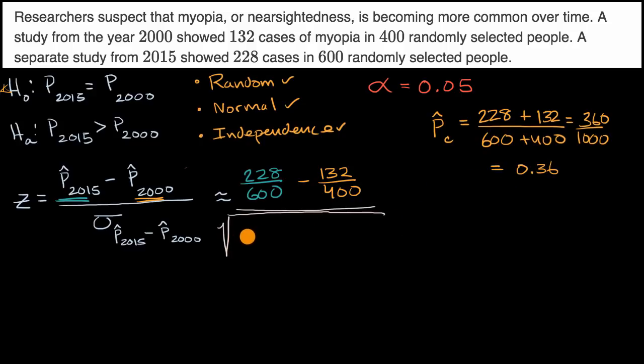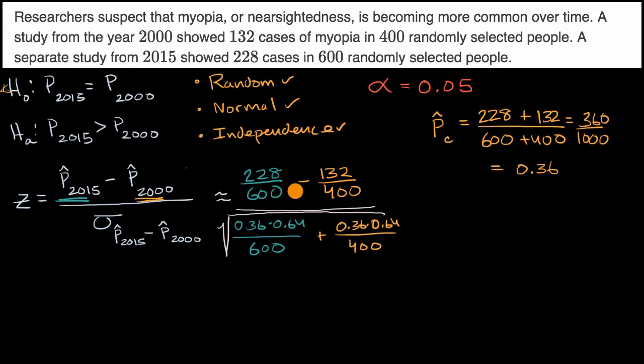And we can use that inside the expression when we're trying to estimate the standard deviation of this sampling distribution. So this is going to be 0.36 times 1 minus 0.36, which would be 0.64, over the sample size in 2015, which is 600, plus 0.36 times 0.64 over the sample size in 2000, which is equal to 400.